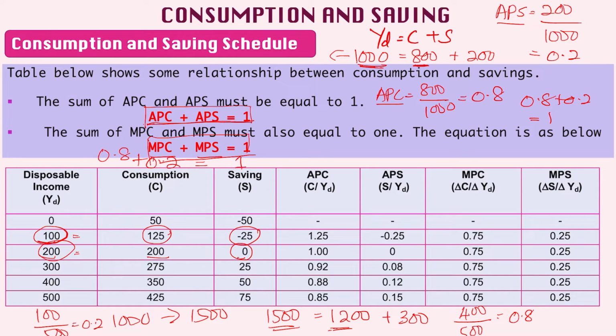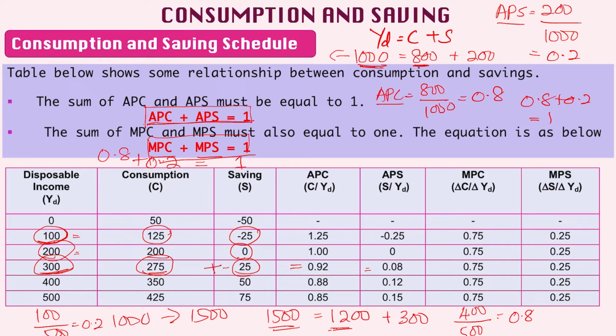You can also see from the table, if the disposable income is 300, the consumption is 275 and saving 25. So 275 plus 25 equals 300. From this, APC is 275 divided by 300, which gives 0.92, and 25 divided by 300 gives 0.08.